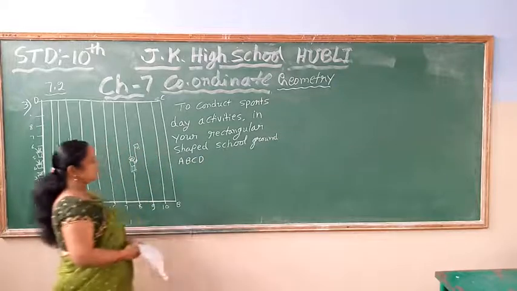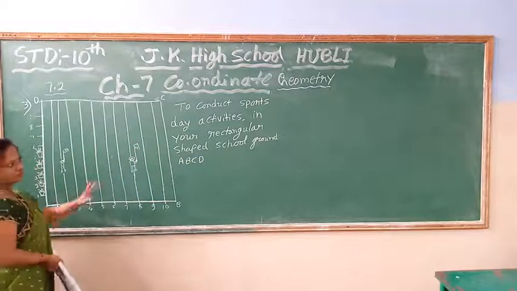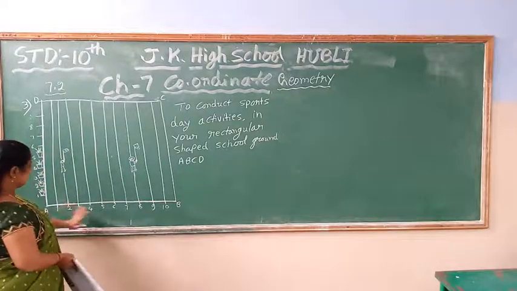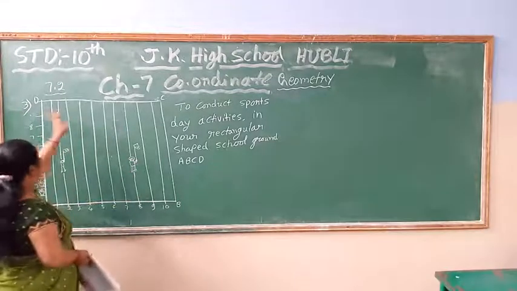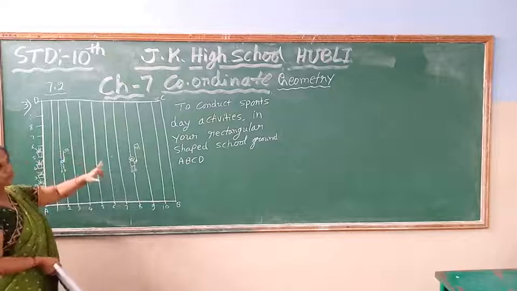Children, here is a rough diagram of the school ground ABCD. So ABCD is a rectangular shaped school ground.